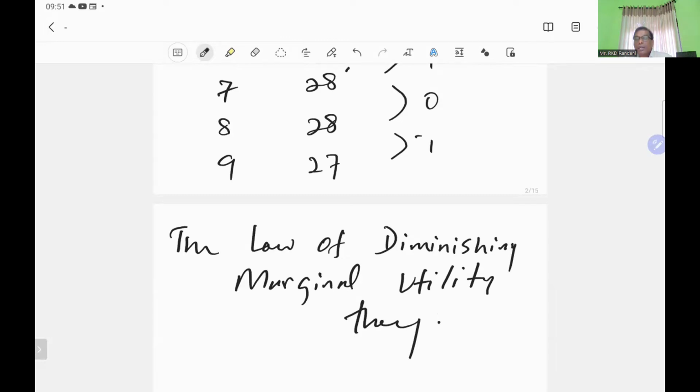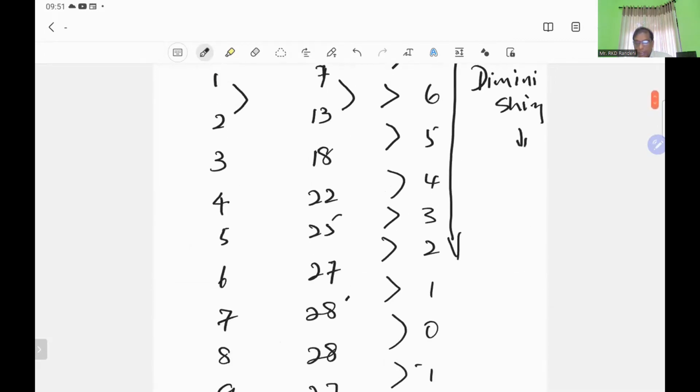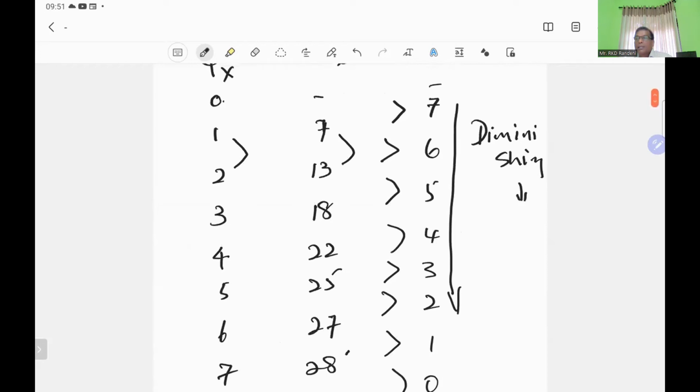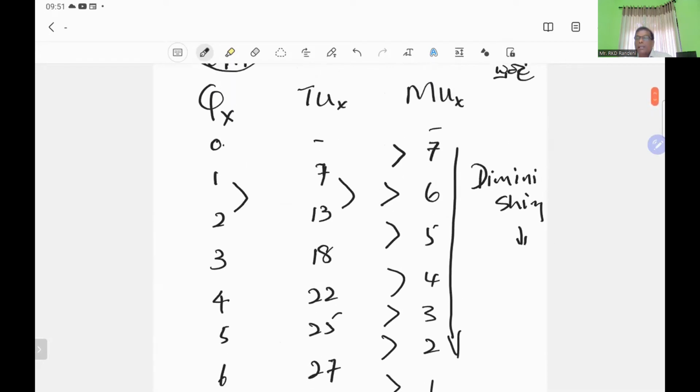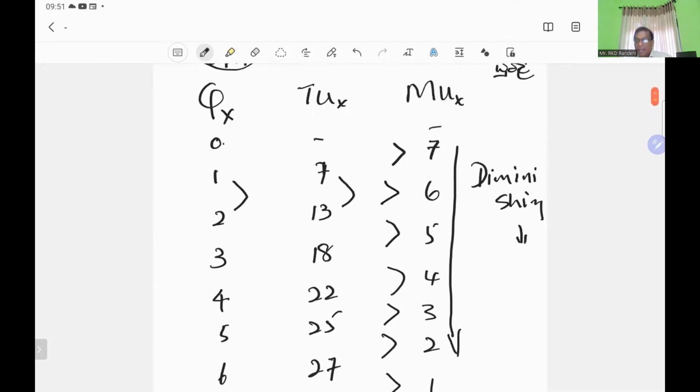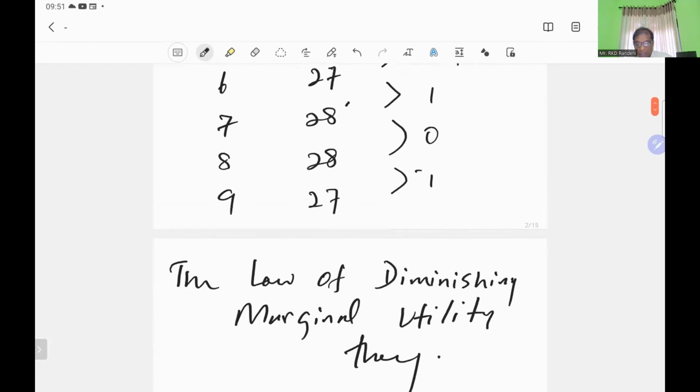That is the law of diminishing marginal utility theory. Right? Then what is the law of diminishing marginal utility theory?